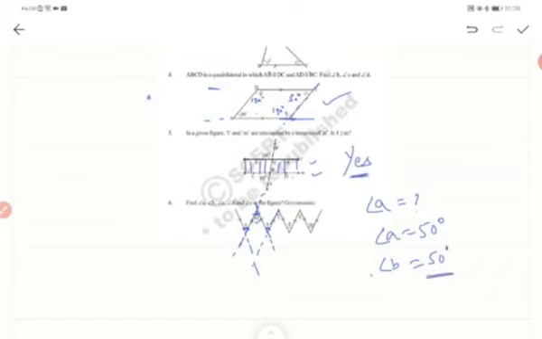If you want to check it, do it by yourself. If you have any doubt, we can discuss this in our Zoom meeting. So angle A, B, C, D and E are all 50 degrees, because they are all alternate to each other. When you find one angle as 50, obviously all the other angles will be 50 degrees.